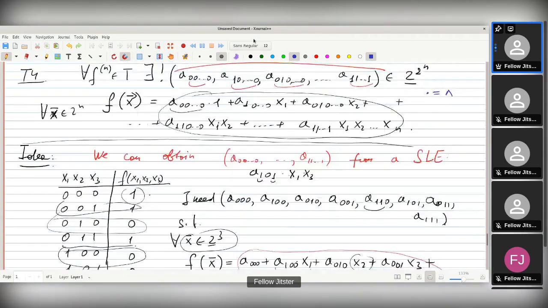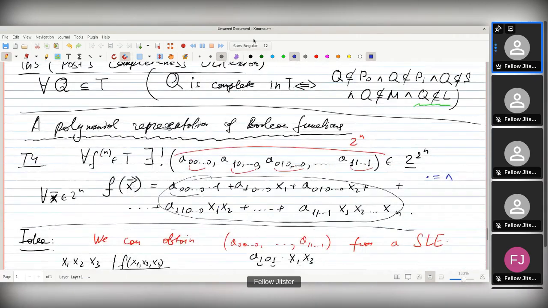So for every function, we have a unique polynomial representation. These polynomials, at least in Russia, are known as Zhegalkin polynomials, for a Russian author who introduced them. Zhegalkin polynomials.